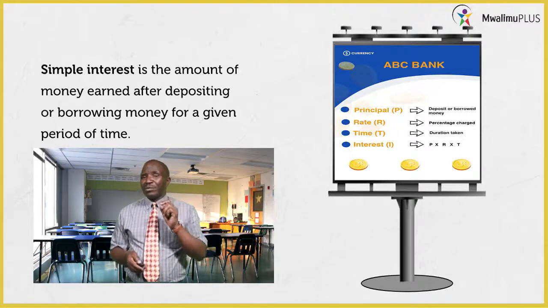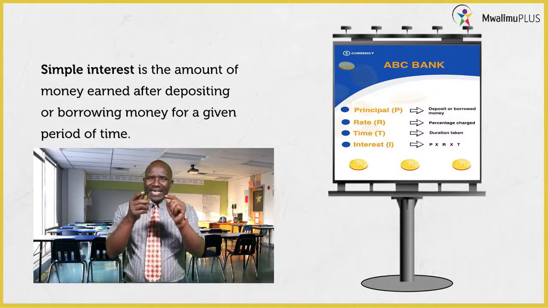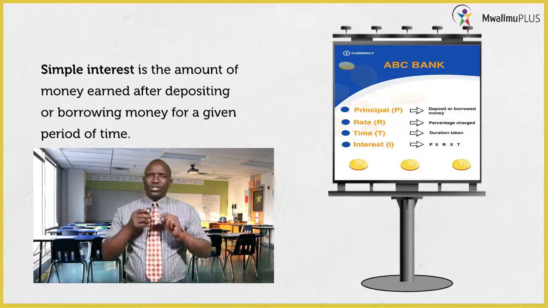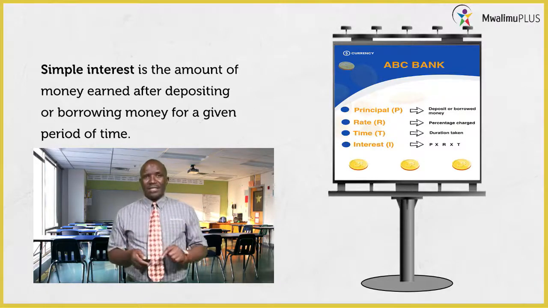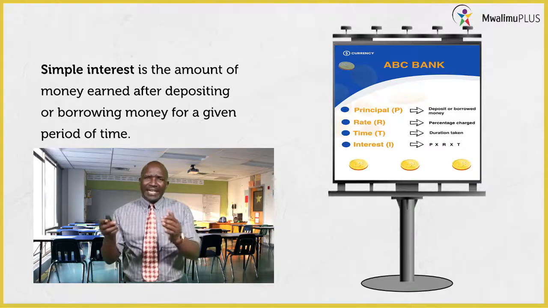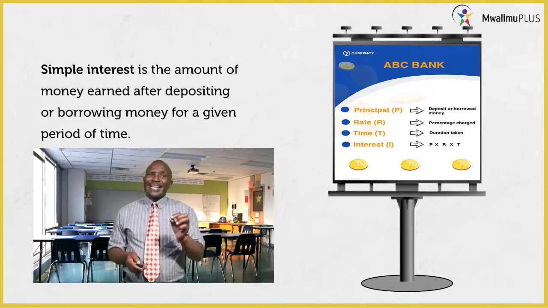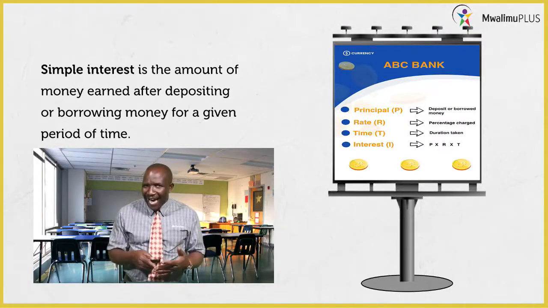Look at my board over there on the screen. Rate is the percentage charged on the amount of money borrowed or deposited. Then we have time, that is the duration taken. And of course, interest. Interest is principal times rate times time.